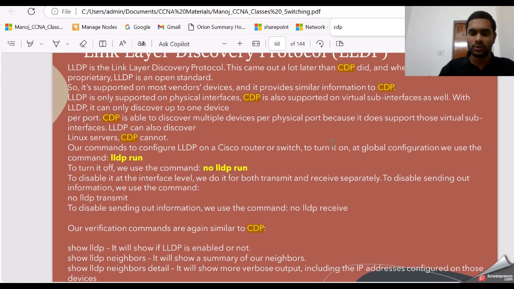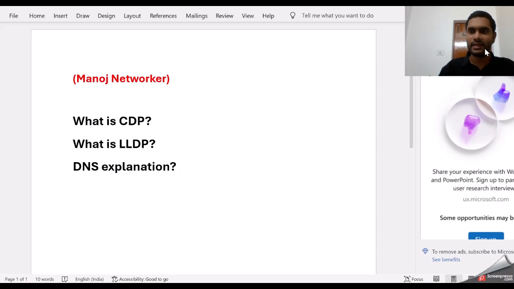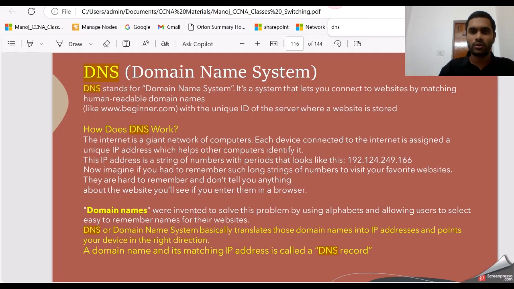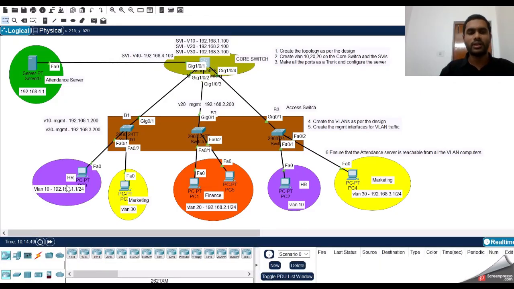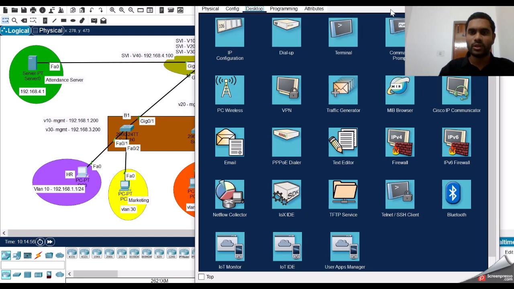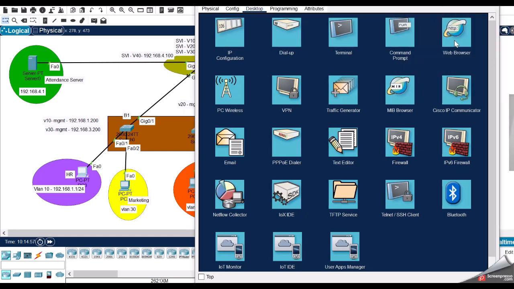Moving further, let's talk about DNS. On the same lab, I want to implement DNS. Just a recap of yesterday: this HR computer sitting in VLAN 10 is accessing resources from the attendance server. To validate, I am going to this computer's web browser to see if the attendance server is responding.